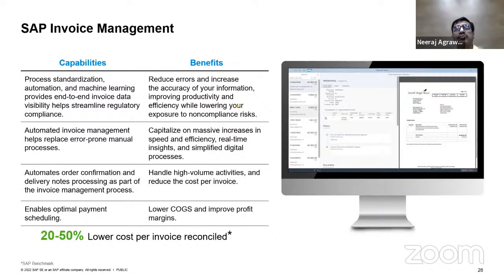Next is the invoice management. So here in the invoice management area, there are a lot of additional capabilities which have been brought in with OpenText, and these capabilities of OpenText are available both within on-prem and the cloud solutions.